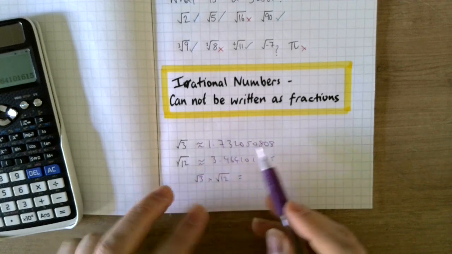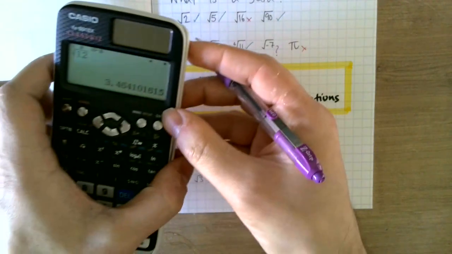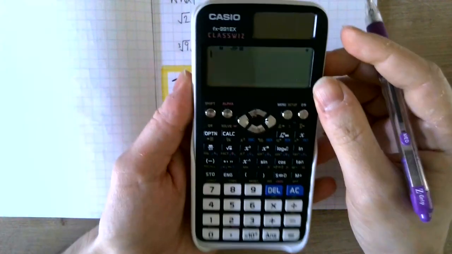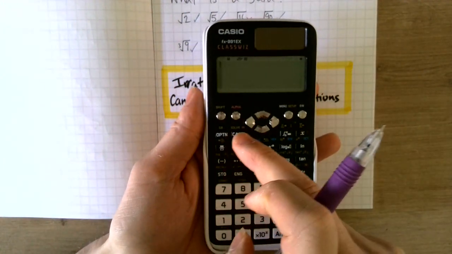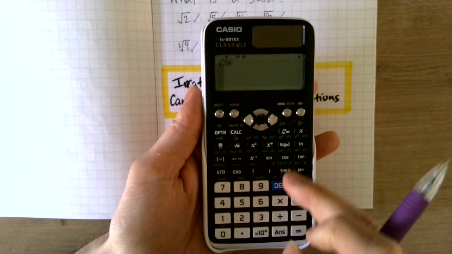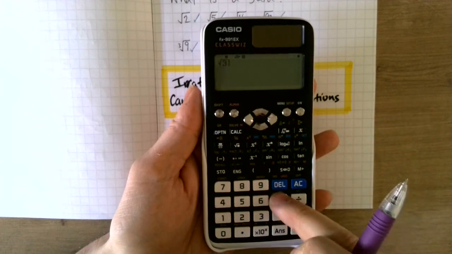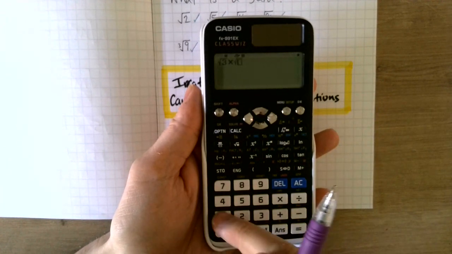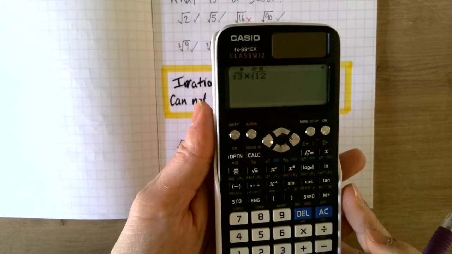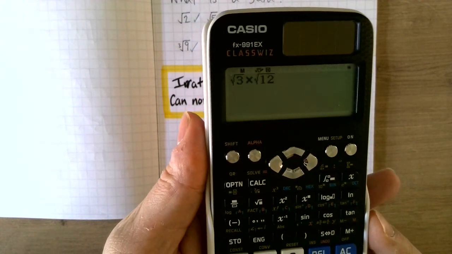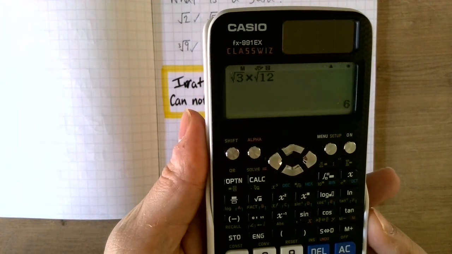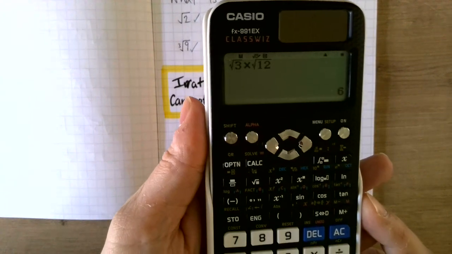So 2 lots of 3 is going to be somewhere around about 6. But let's see what the calculator tells us for this one. So root 3 multiply, oh, hang on, need to get out of that root, yep, multiply by root 12. So root 3 times root 12, what's that going to equal? I'll press equals. It's exactly 6.